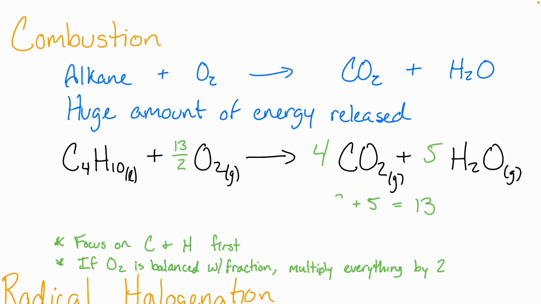All right, so again, this chemical equation right here is balanced. You can convince yourself that you have the same number of carbons, hydrogens, and oxygens on this side as you do on this side. The only problem is that it's illegal to have a fraction here, but it is balanced, okay? So we can correct that very easily by taking this entire chemical equation and multiplying each one of these coefficients by 2, okay? Every single one of those coefficients is going to get hit.